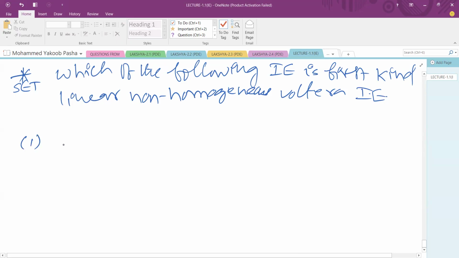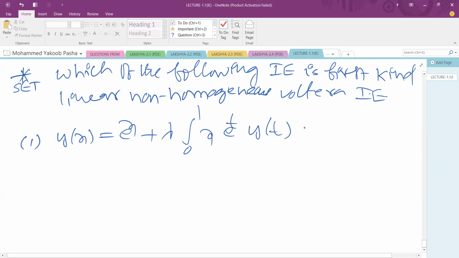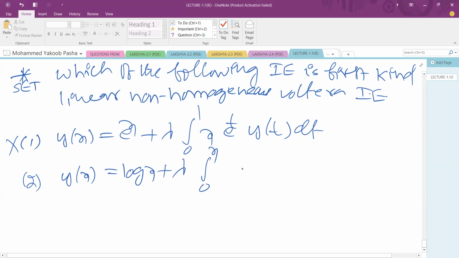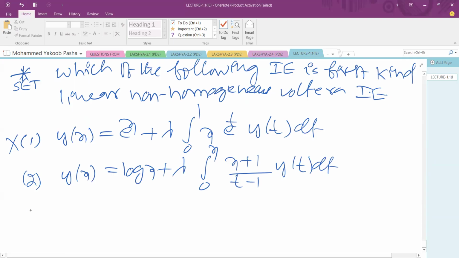First option: y of x is equal to e to the power of x plus lambda integral 0 to 1 of x into e power t y of t dt. It is not correct, as the upper limit is constant. Second option: y of x is equal to log x plus lambda integral 0 to x of (x plus 1) by (t minus 1) y of t dt. It may be correct, we can check.